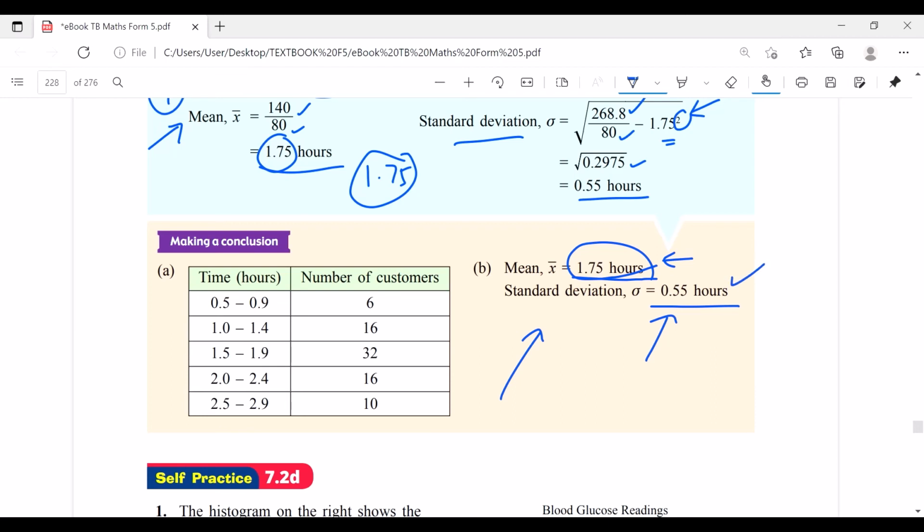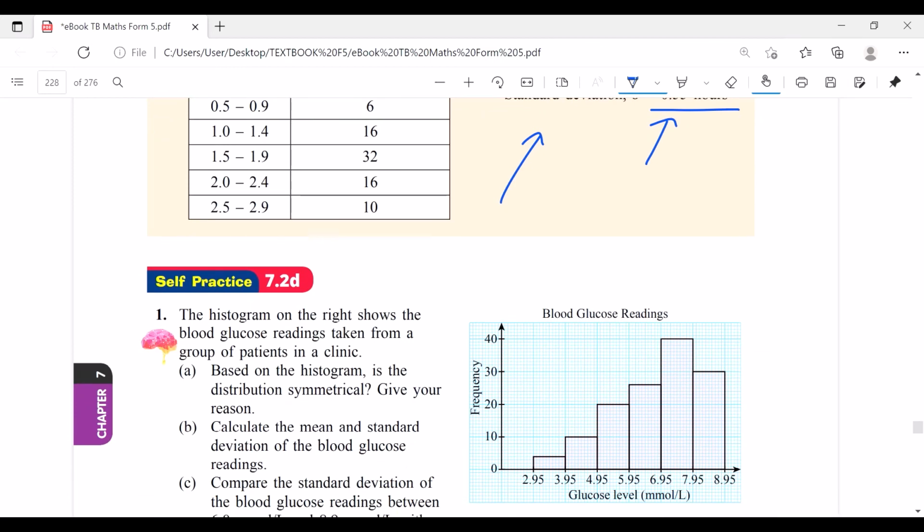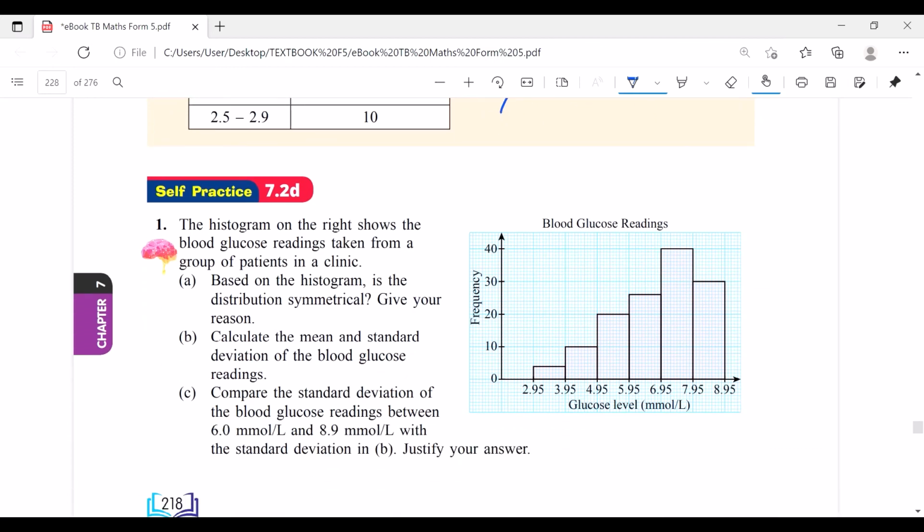Yeah. So then you can do 7.2D. 7.2D, this time you are given a histogram. Yeah. And then you are asked, this one is very easy, B, yeah, to calculate the mean and standard deviation. Okay. See how you do it. Relax.